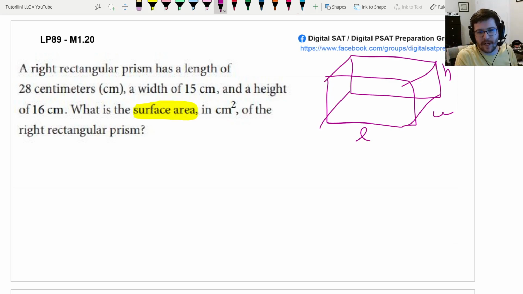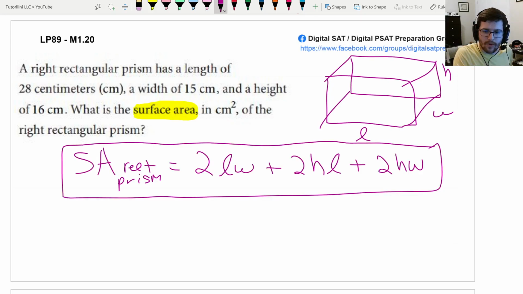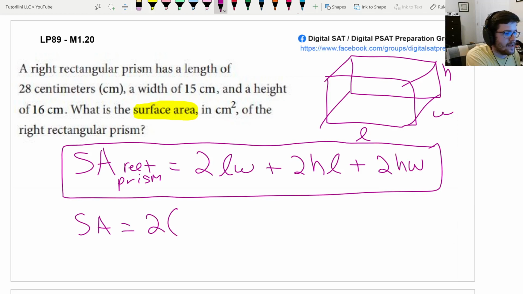Now, just for the heck of it, I am going to put the equation on the board. Give me 1 second. Okay, so there is a bunch of different ways to write it, but this is my favorite way to write it. So, let's start plugging in the numbers. So 2 length times width. So length is 28.